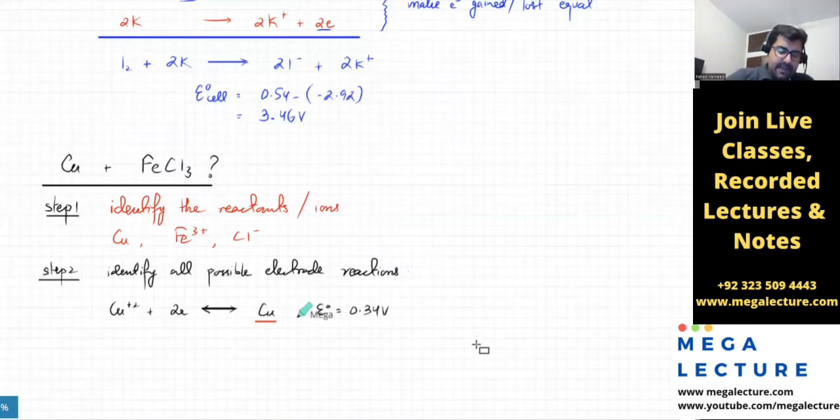And there's another reaction for copper where it's in equilibrium with copper plus 1. So you've got copper plus 1, and it's in equilibrium with copper. So there are 2 possibilities, and I'll check the E naught for this.